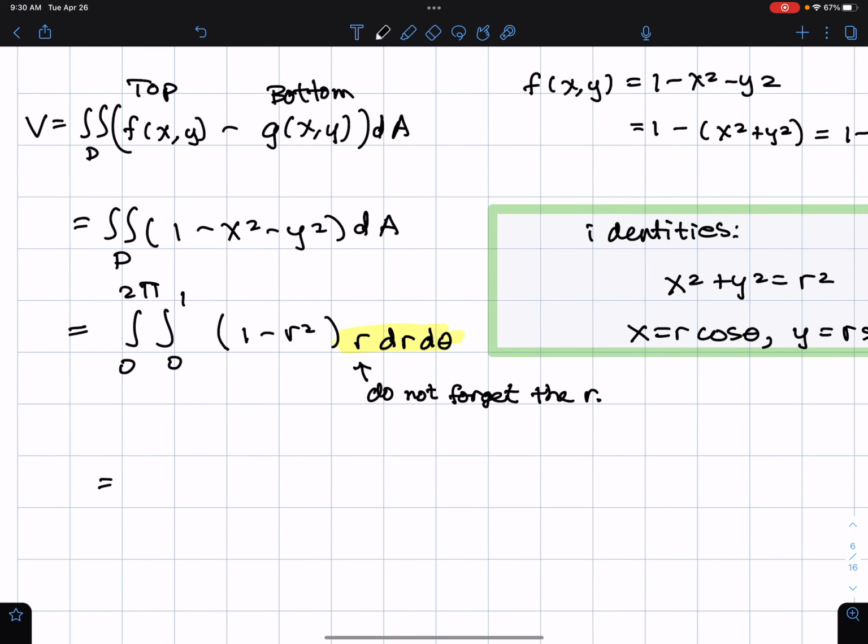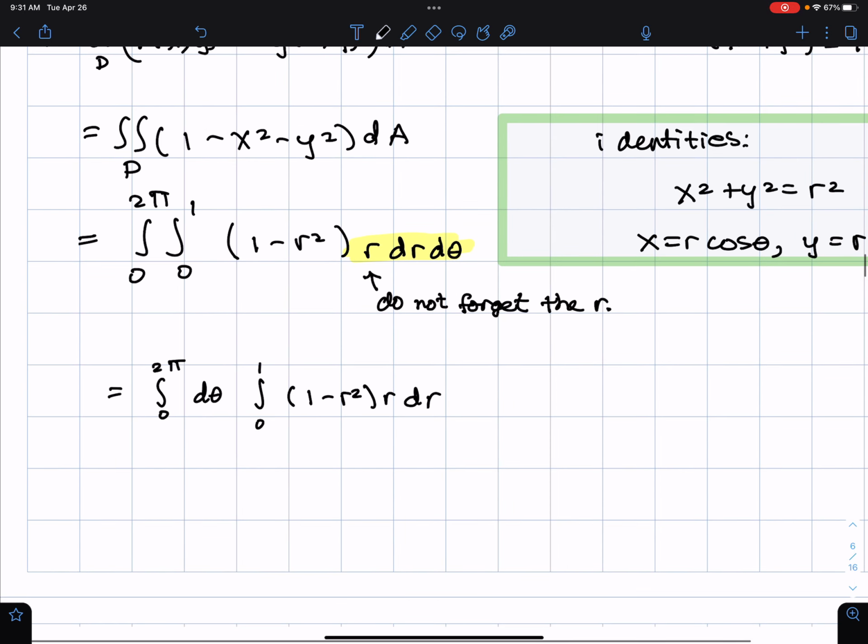Okay, first of all, notice that in this function, there's no theta. So actually, I can integrate 1 d theta times the integral of 1 minus r squared times r dr. This is the integral of a constant 1, so I multiply that constant times 2 pi minus 0.